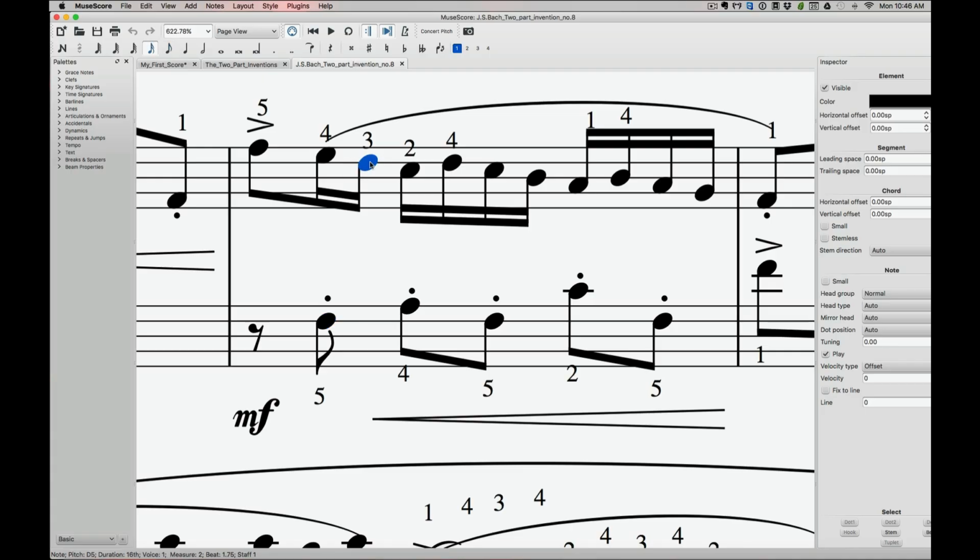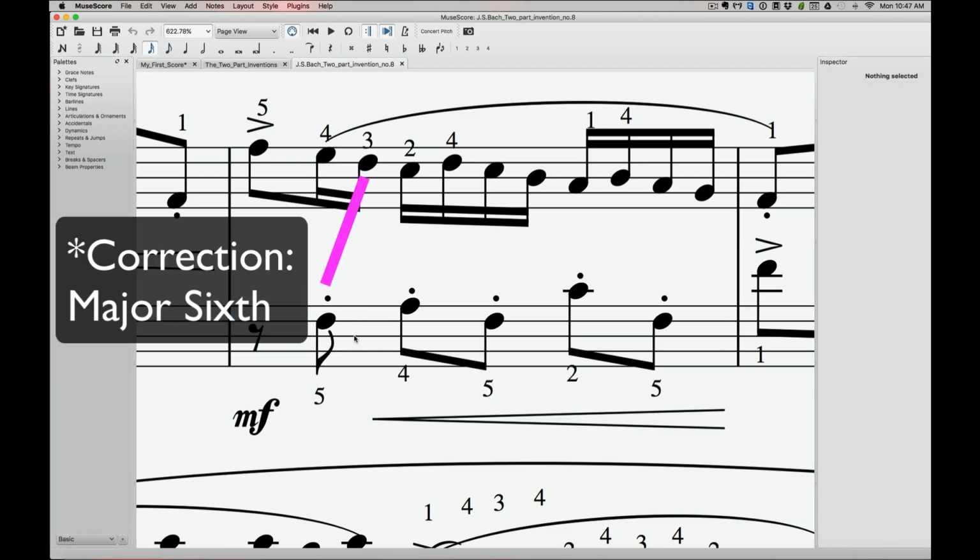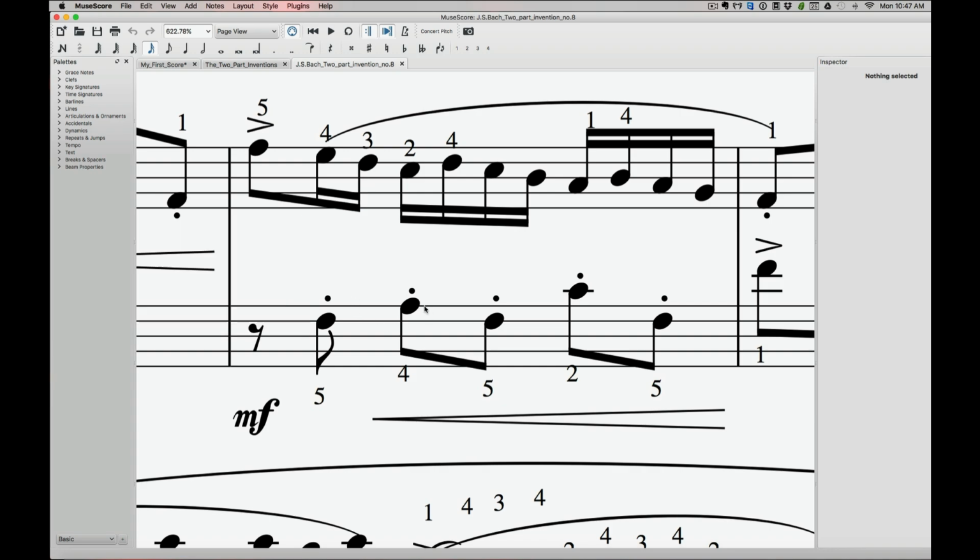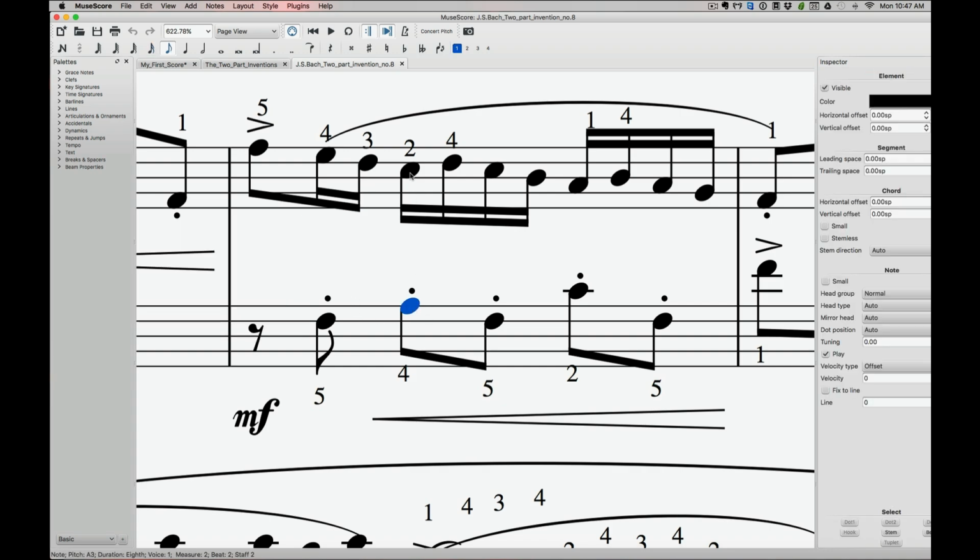So this note is being played against an F because the rhythm here tells it to be longer than that. So this is a major seventh resolving to a minor sixth, and then we go to an A and a C, which is a third, which is a consonant interval.